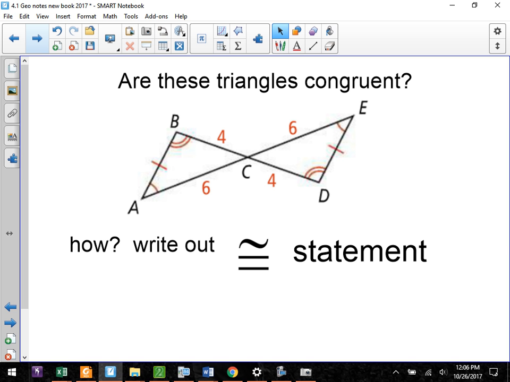What is that called? Vertical angles. You guys remember that thing called vertical angles? When angles are vertical, when their opposite sides create lines, it means that the vertical angles are congruent. That's the one thing you have to be able to put in there to now say that everything is congruent to everything.